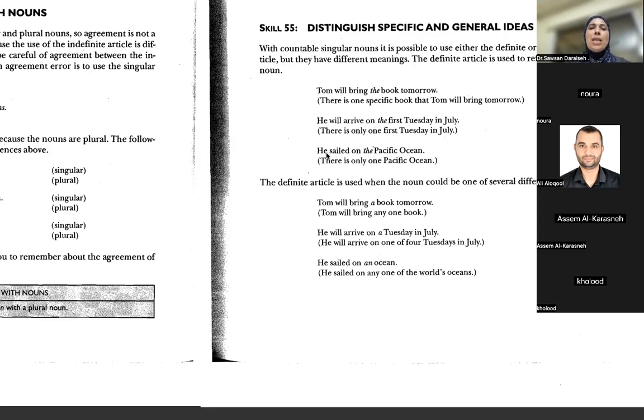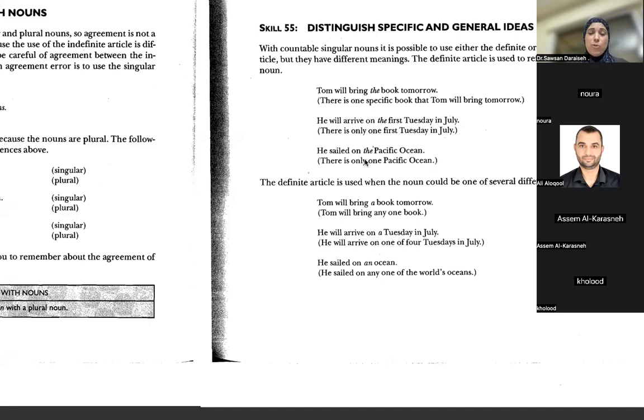It's because, when I say he sailed on the Pacific Ocean, it's a specific ocean, right? Which is the Pacific Ocean. It's not another one besides that. If I say he sailed on an ocean, I don't want to say the name. It could be the Pacific, the Atlantic, the Indian, right?